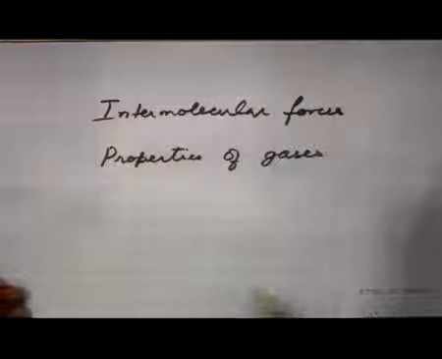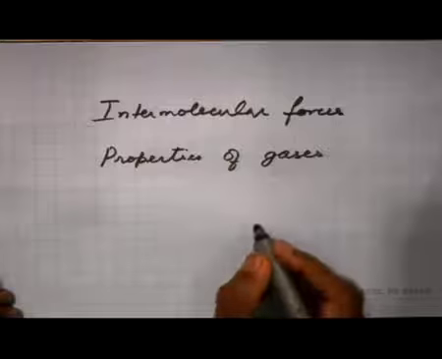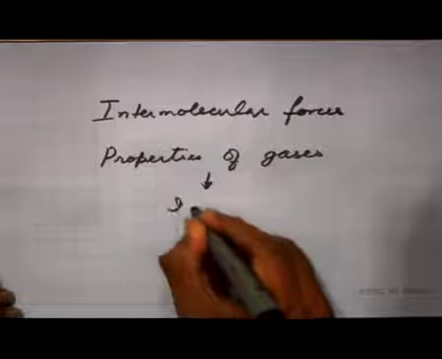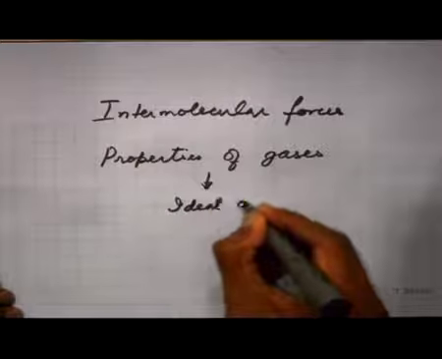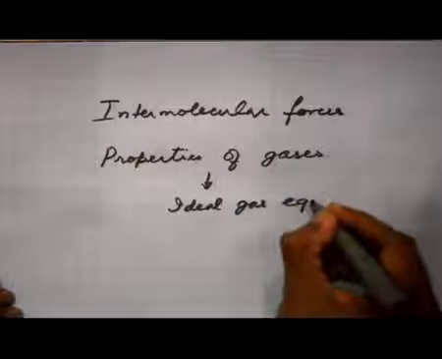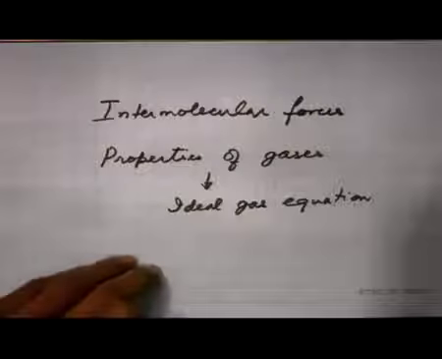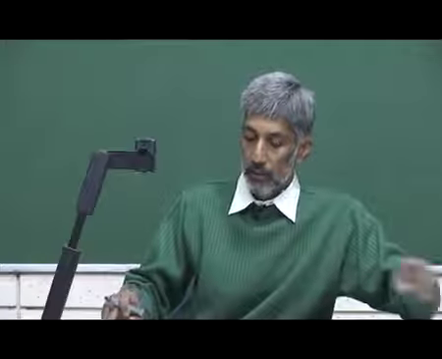So, today we will continue with our discussion on properties of gases, and we will try today to get to the ideal gas equation and maybe some applications of this equation for numerical problems. Where were we when we last finished?